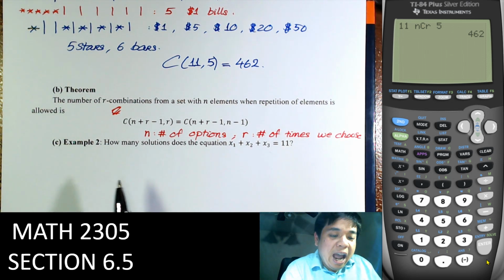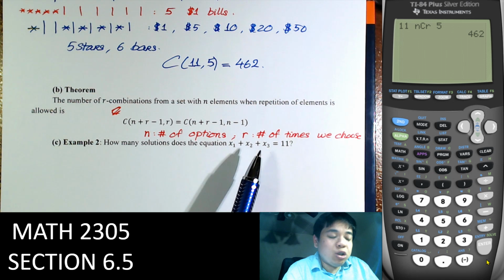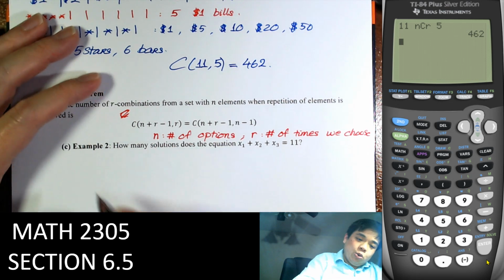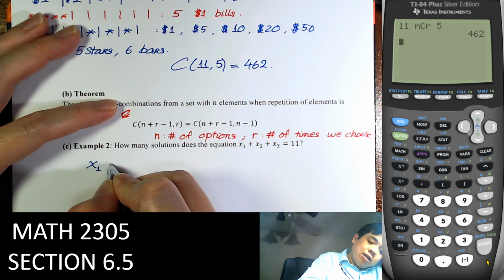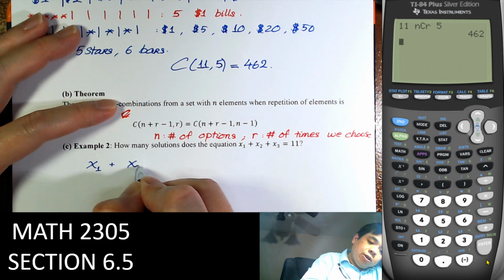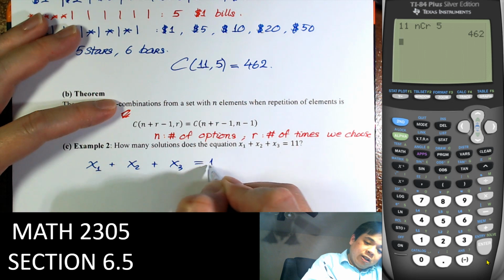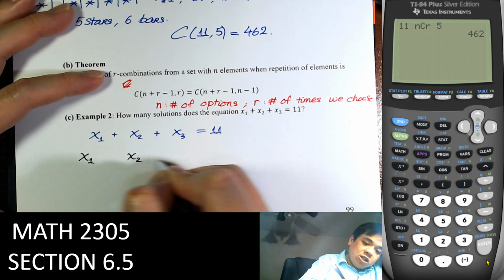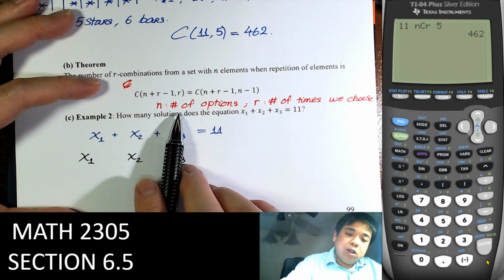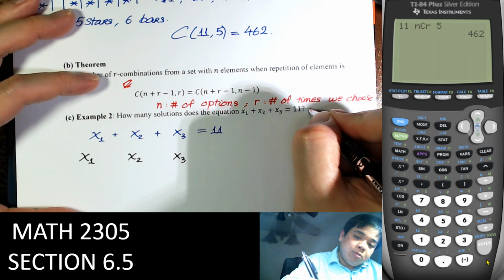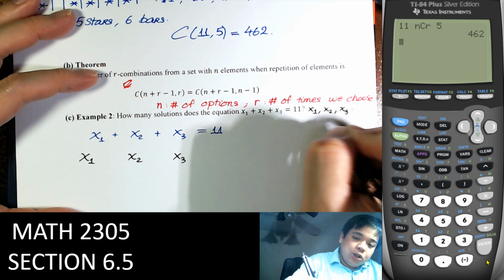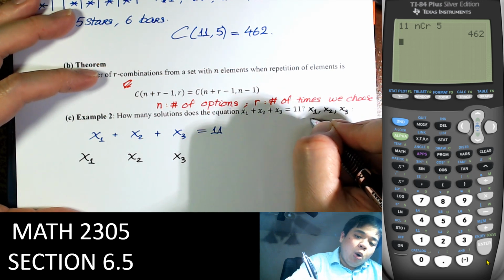Right, next. How many solutions does the equation x1 + x2 + x3 = 11 have? So we have x1 + x2 + x3 have to be equal to 11. Now, that means we have to choose some in x1, some in x2. By the way, how many solutions does this have, provided x1, x2, x3 have to be integers, maybe whole numbers?